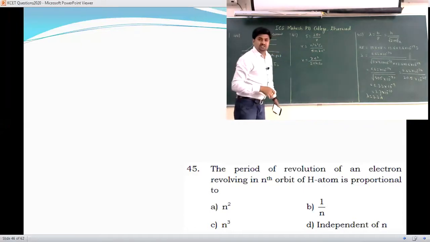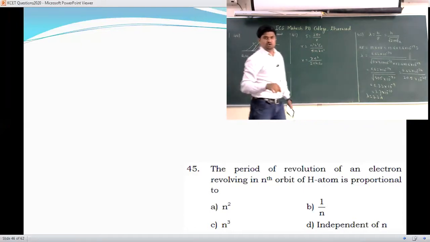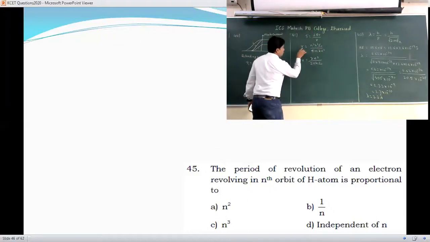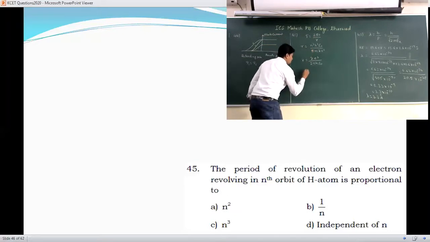We are interested only in n values, because when you see the options, we are interested only in n. Now r is directly proportional to n square, and v is inversely proportional to n.